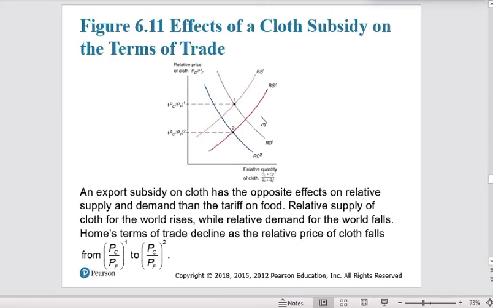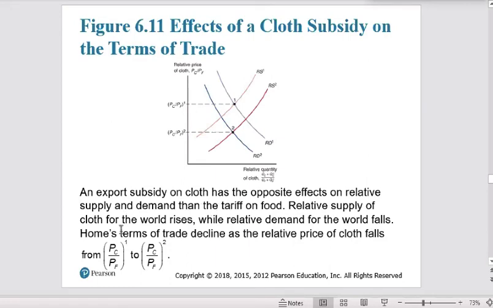Okay. Now, graphically, this is how we show the effects of clothes subsidies on terms of trade. Export subsidies on clothes have the opposite effect on relative supply and demand than a tariff on food.